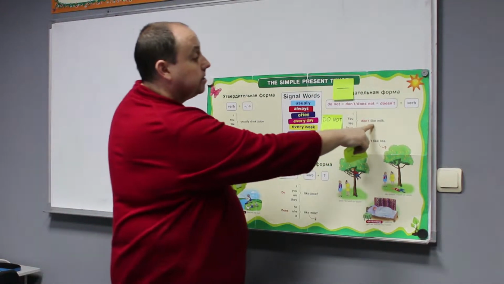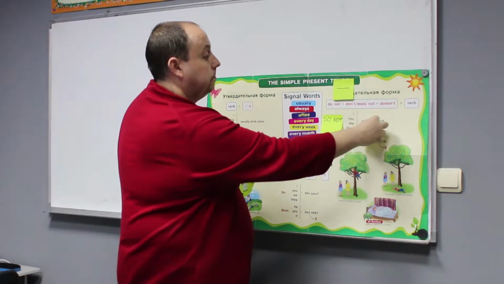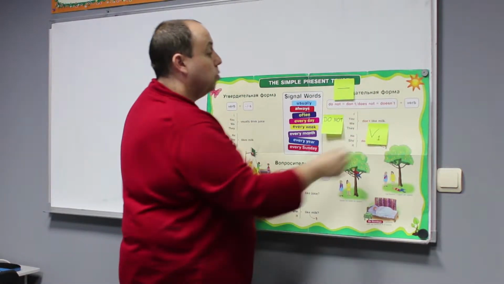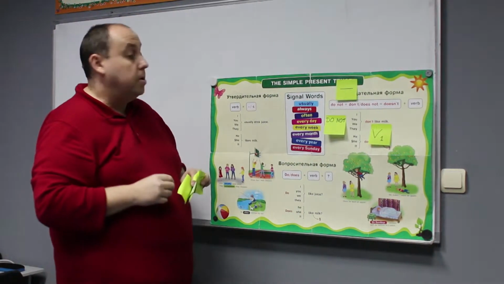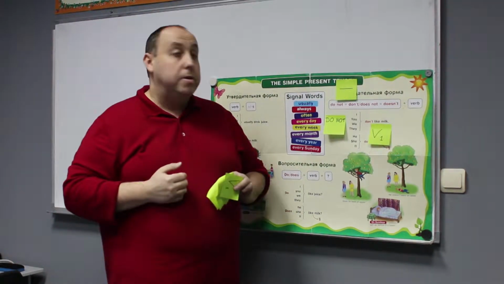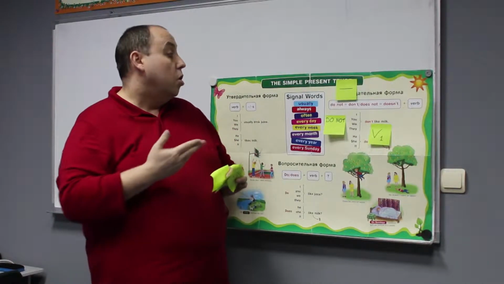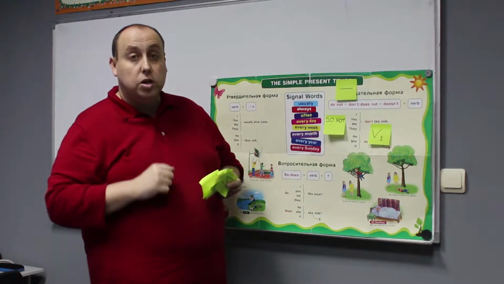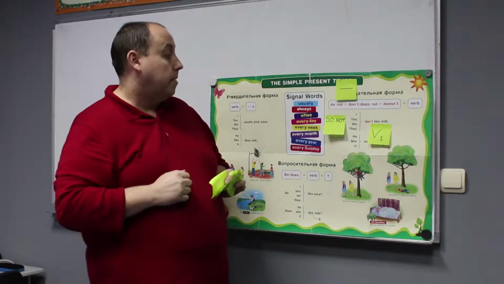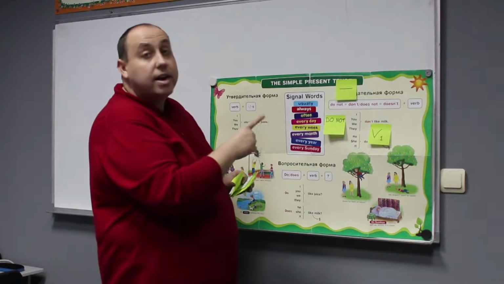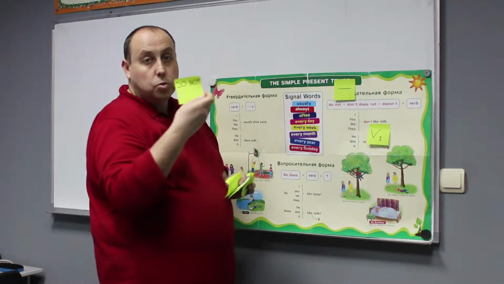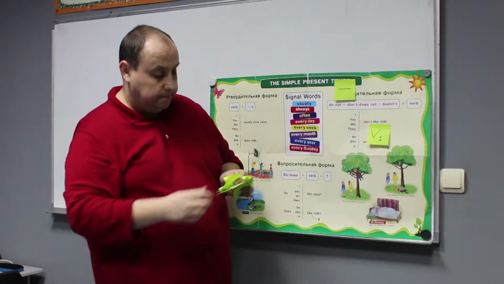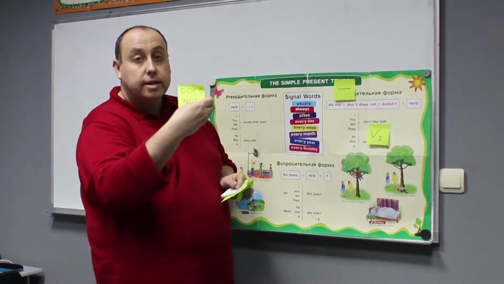In this particular case, like. So, I don't like milk. I do not like milk. You don't like milk. You do not like milk. We don't like milk. They don't like milk. However, when we have he, she, or it, we throw away this do not and we put on does not.